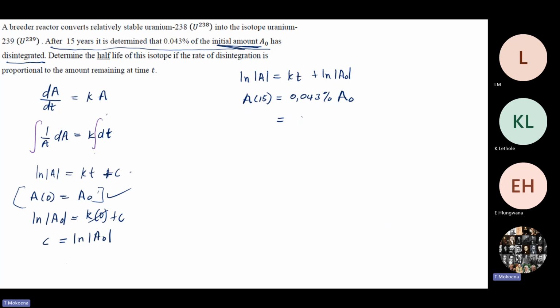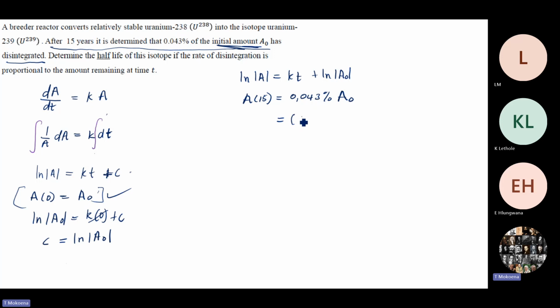I don't know why I am punching this on my calculator, but I don't want to make mistakes. So this is going to be the same as what? 0.00043 when we convert this percentage into decimal, which is 0.043.